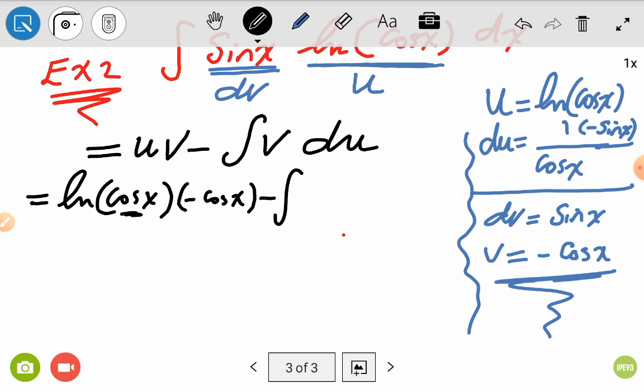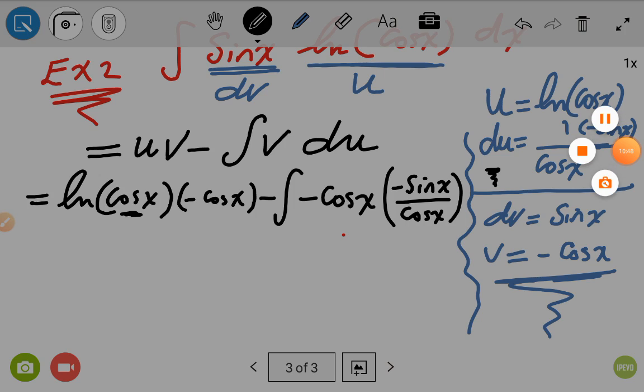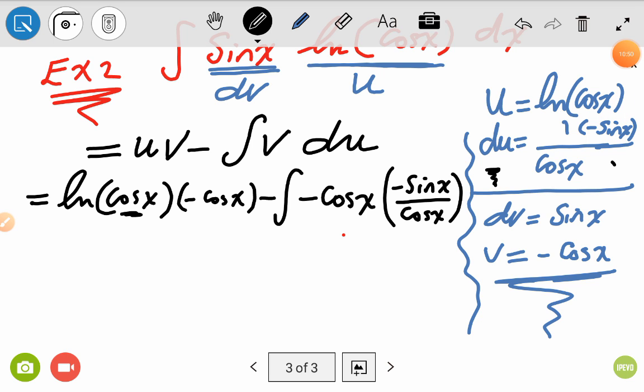Let's continue here. The integral of v, which is negative cosine x, times du, which is negative sine x over cosine x, right? Yes, dx, we forgot here the dx.